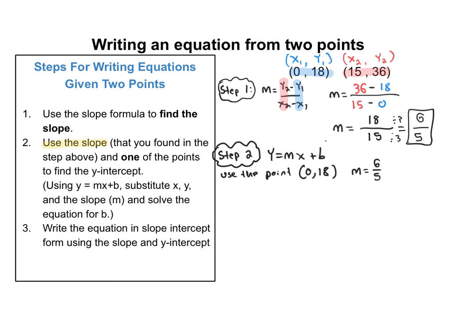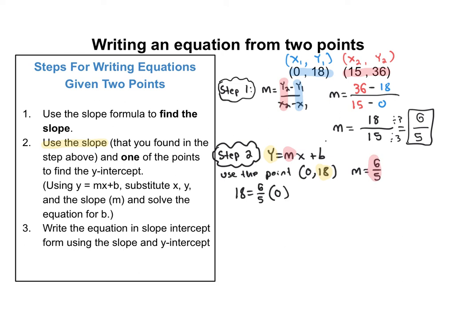Okay, so what we're going to do is plug in what we know. We have a y. Our y is 18. Let me go ahead and color code that. So our y is 18. So we're going to say 18 equals, we have an m. Our m is 6/5. We have an x.